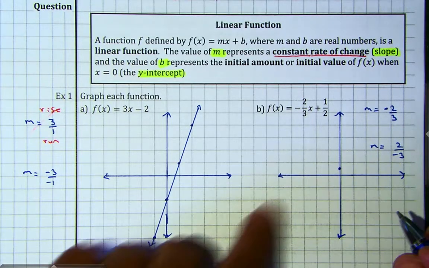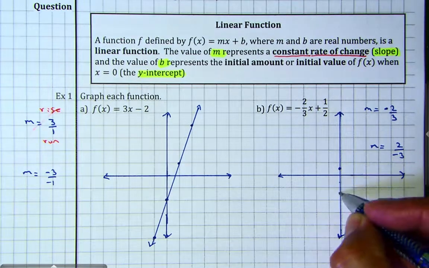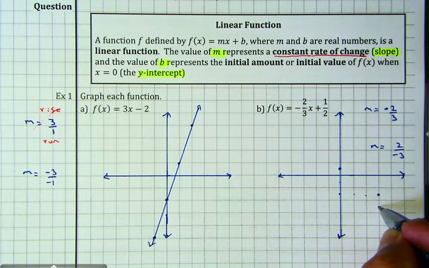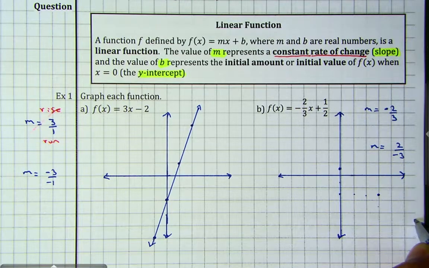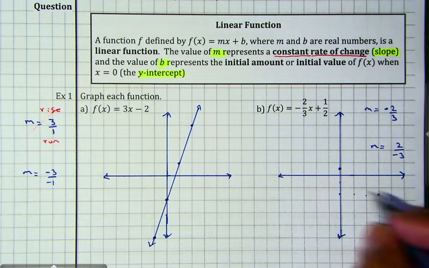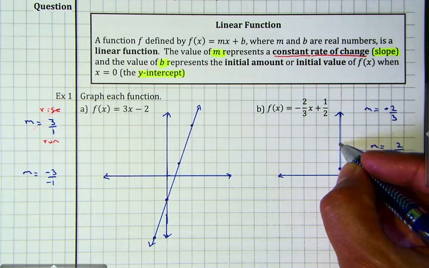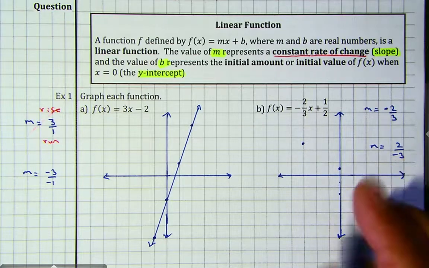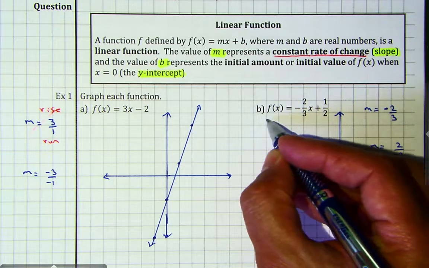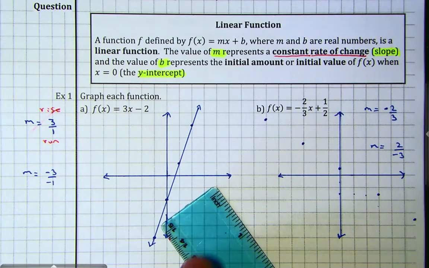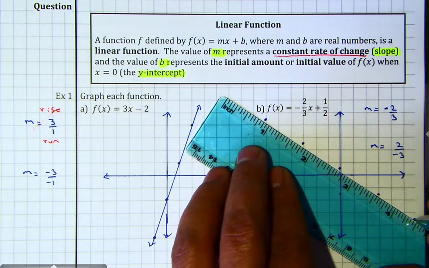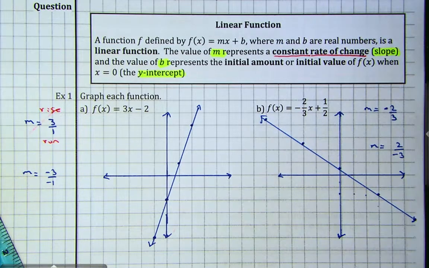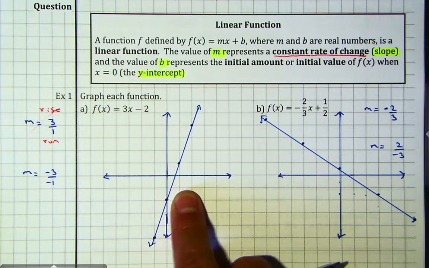So therefore, I'm going to go down 2, 1, 2, and to the right 3, 1, 2, 3. I have plenty of space for one more. Or the opposite, up 1, 2, and left 1, 2, 3, if we think about the slope in this manner. Make sure that you make as many points as you can on a 5 by 5 graph. Make sure that you guys use the ruler. And we know that that's a negative slope, so your line should be going down. A positive slope should be going up.